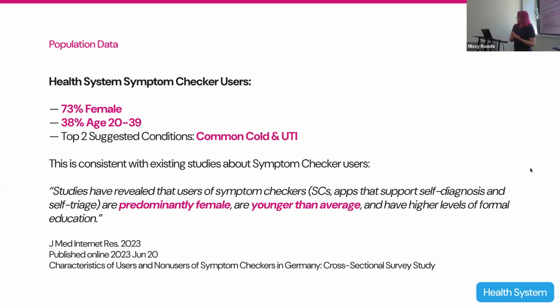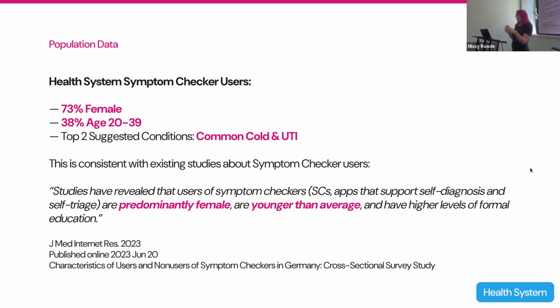The other thing that you do is compare it with publicly available data. In this case, I pulled a study of symptom checker users, actually conducted in Germany, and it was really interesting to see how the numbers that we saw were also reflected in this study, which indicates they're probably fairly stable and going to be true across the market.